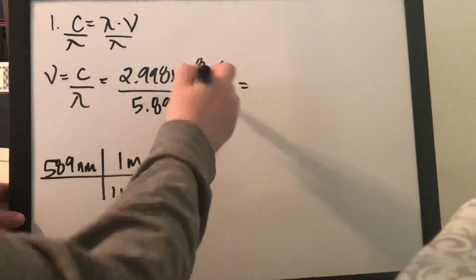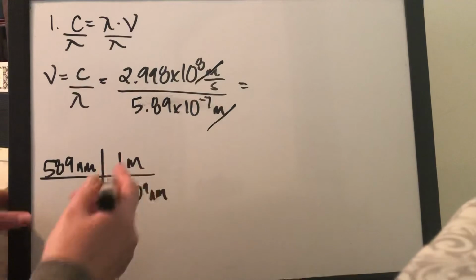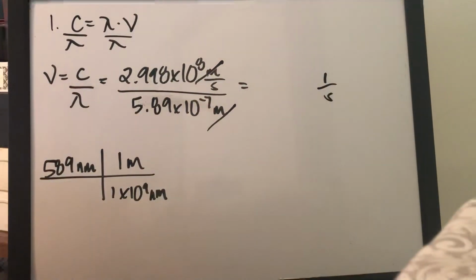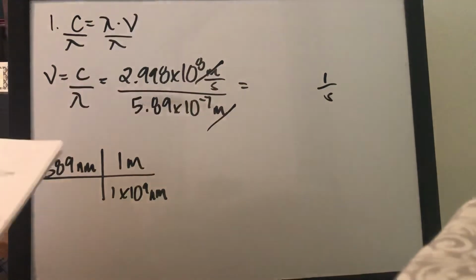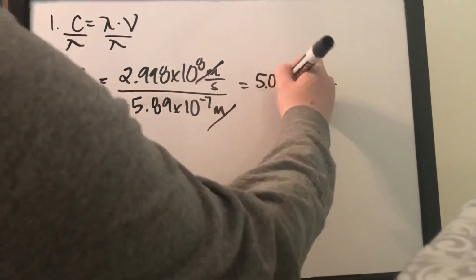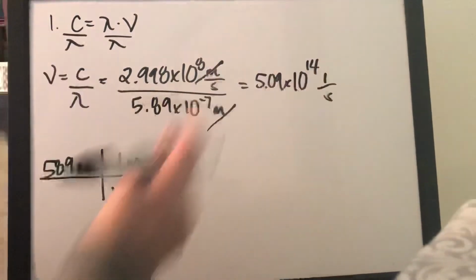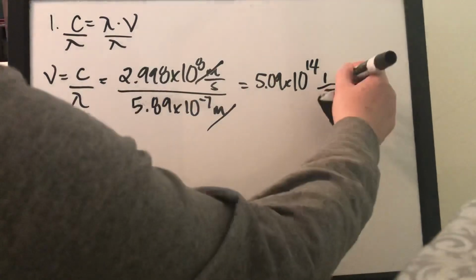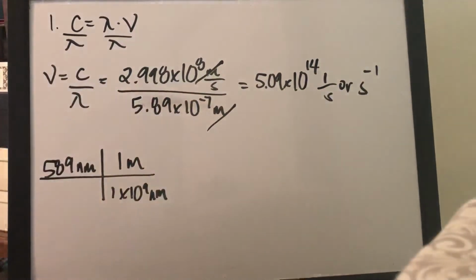Notice now my meters will cancel, leaving me with not seconds, but 1 over seconds, which is in fact the unit for frequency. I'm looking for 3 sig figs in my answer. I do this math and it comes out to be 5.09 times 10 to the 14th. Okay, so that's the answer to number 1, 5.09 times 10 to the 14th, 1 over seconds, or seconds to the negative 1. Either would be acceptable in this case.